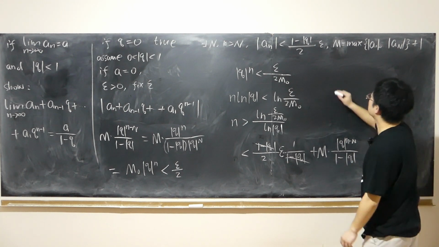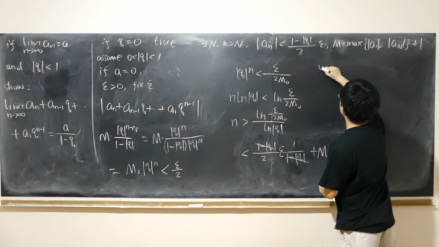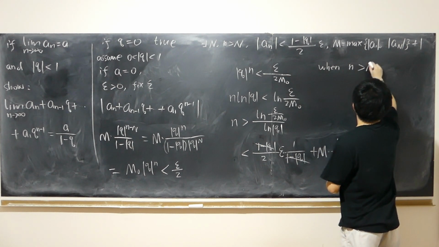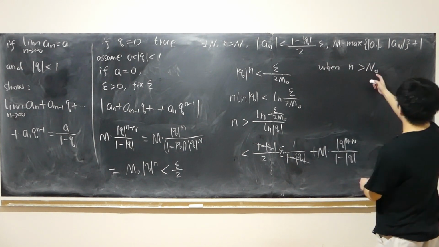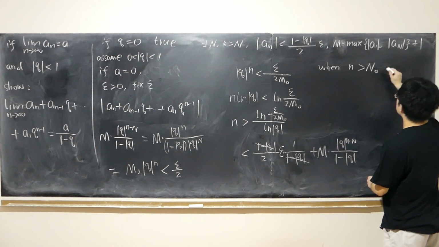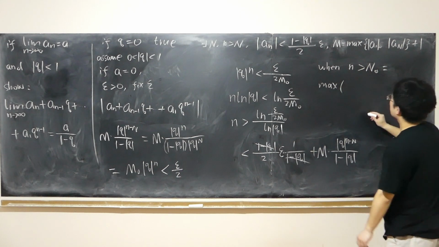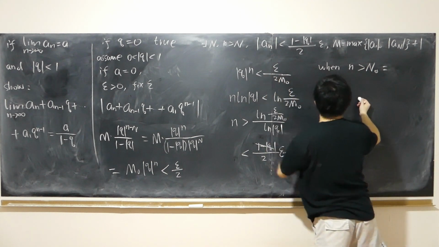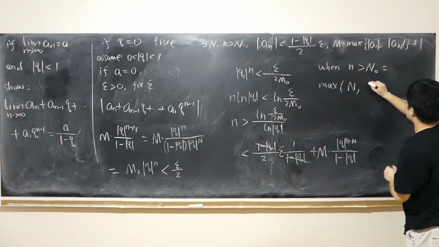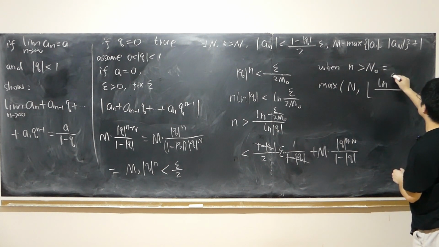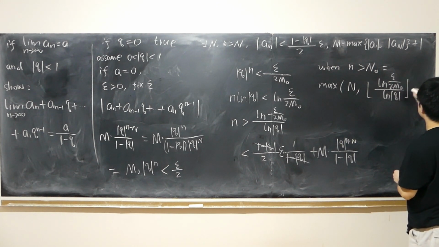So when n is bigger than capital N naught, meaning the maximum of this capital N and the floor of log of epsilon over 2 times M naught over log of the absolute value of q, right?